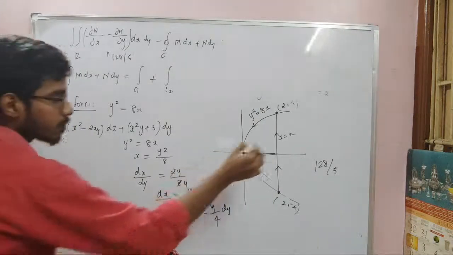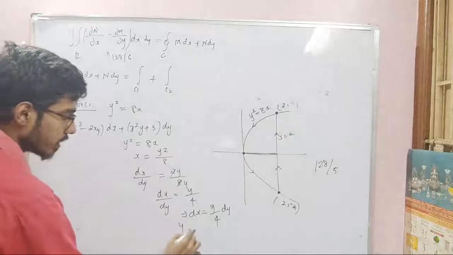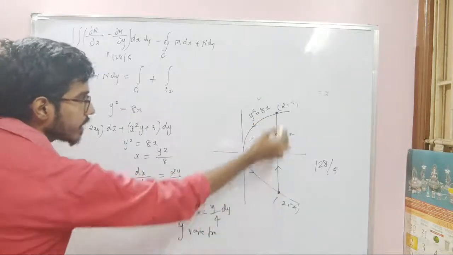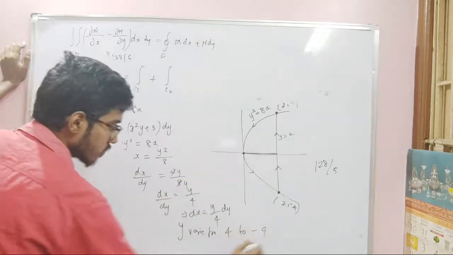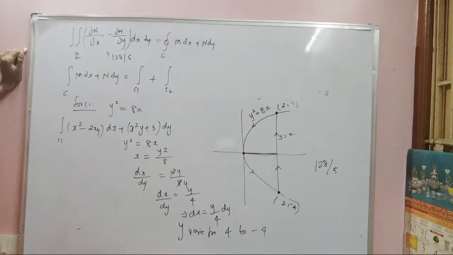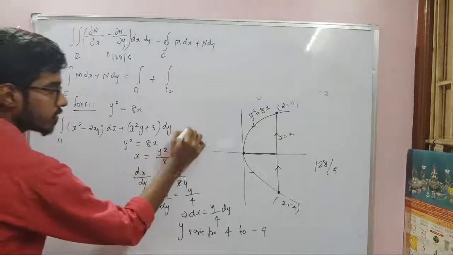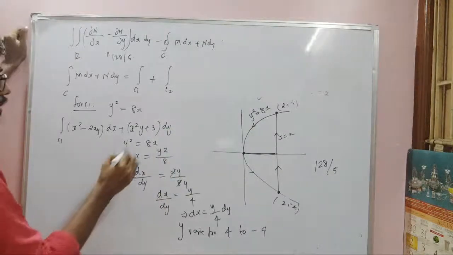And you can see we are varying x. So y varies, again the path direction is this, so y varies from 4 to minus 4. So now this integral will be changed, where I can write it here.